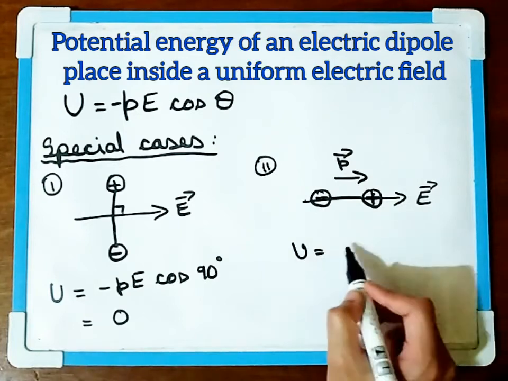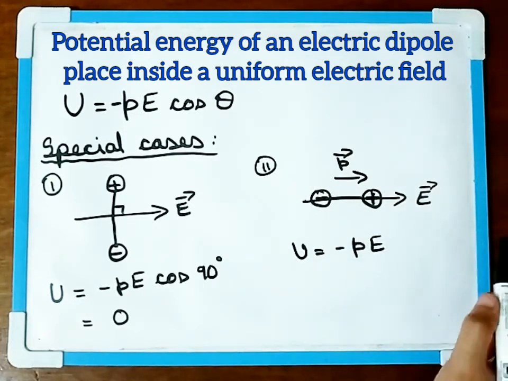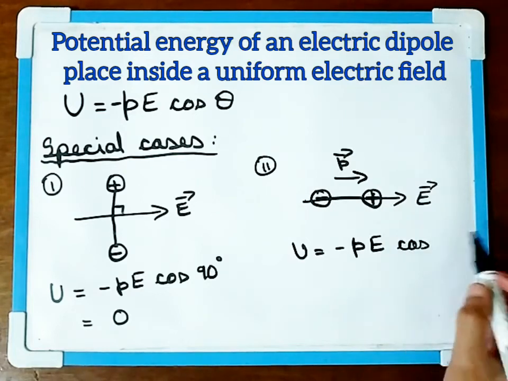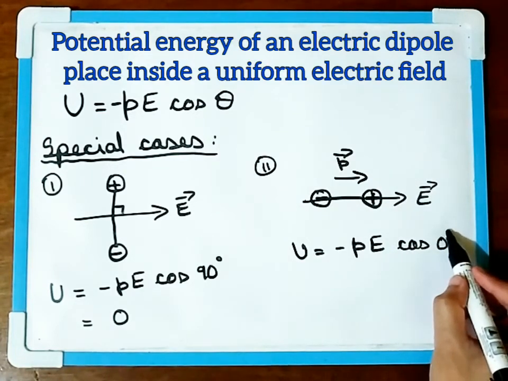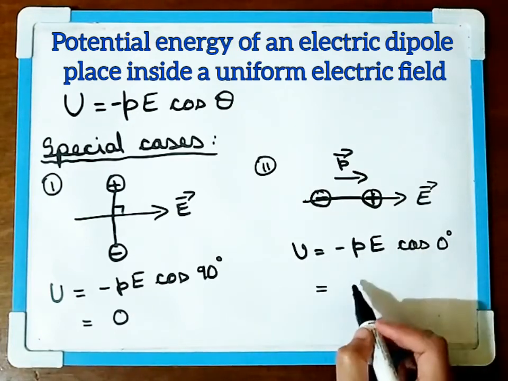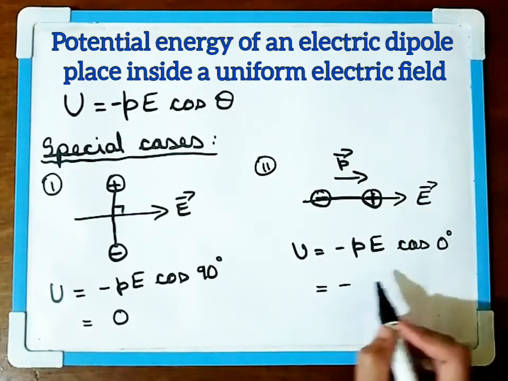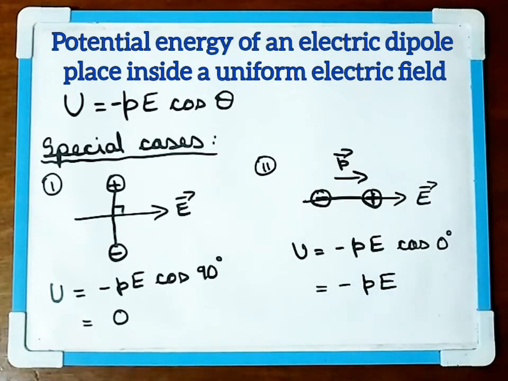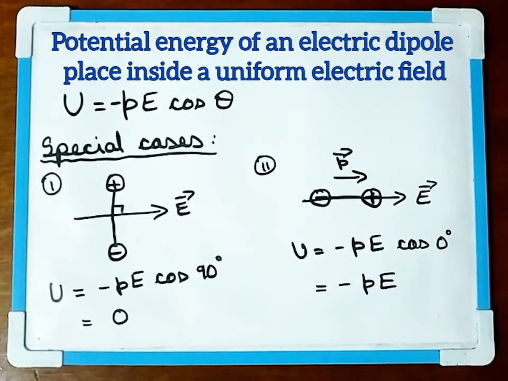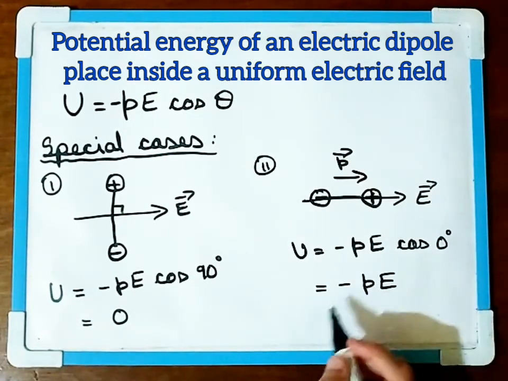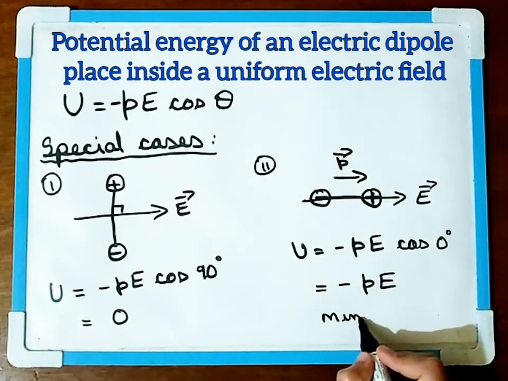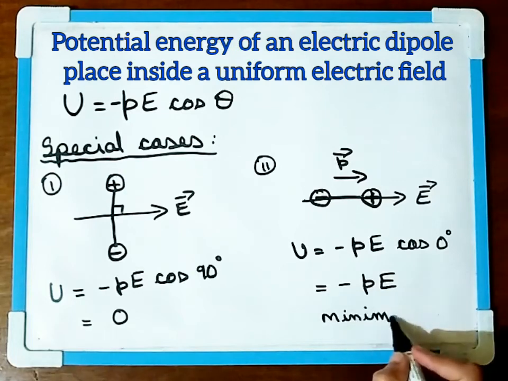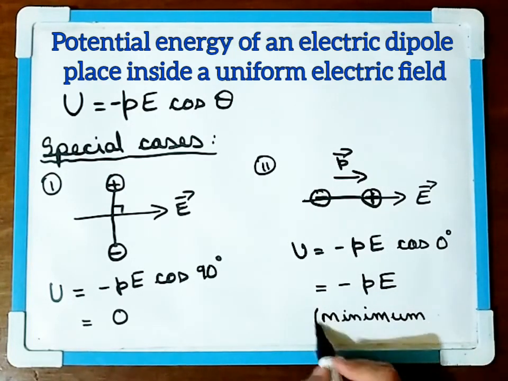Hence the potential energy will be equal to minus PE cos of 0 degree, and cos of 0 will be 1, so we have minus PE. So the potential energy for this case, when the dipole is in the direction of the electric field, is minus PE. And in this case, the dipole has a minimum potential energy.